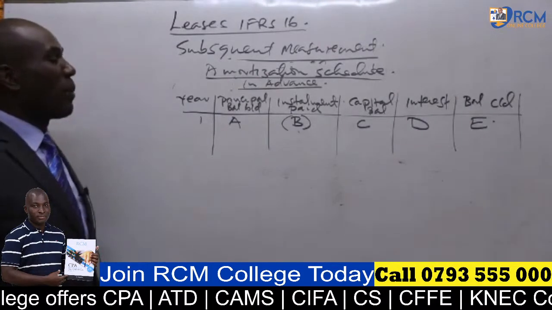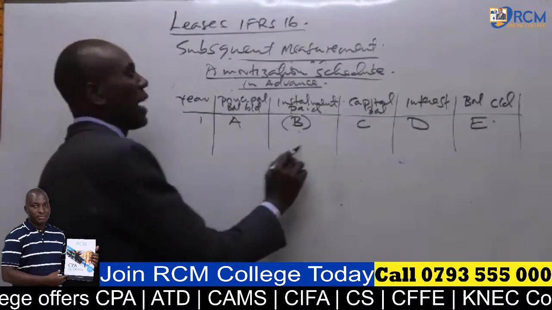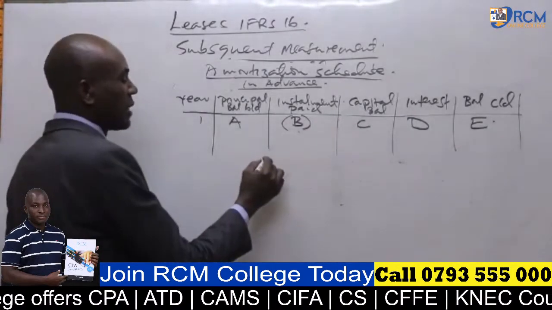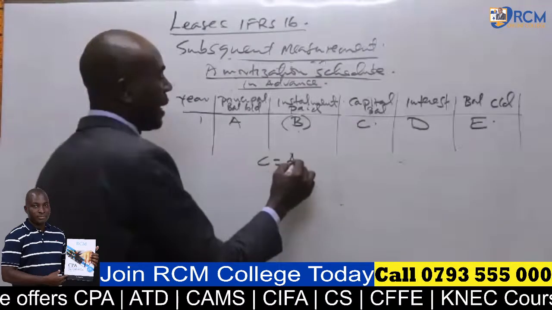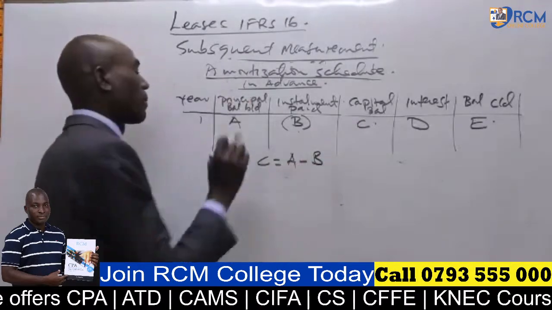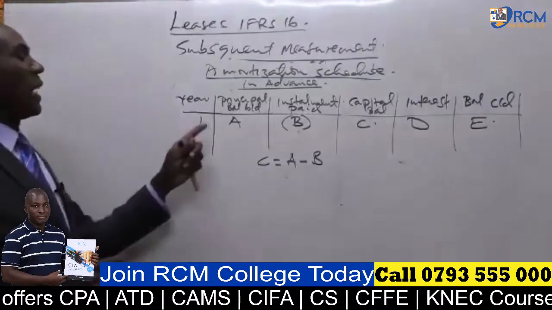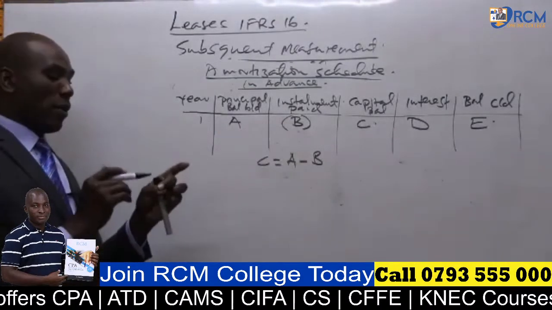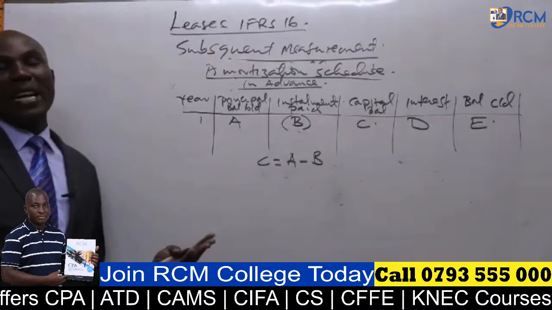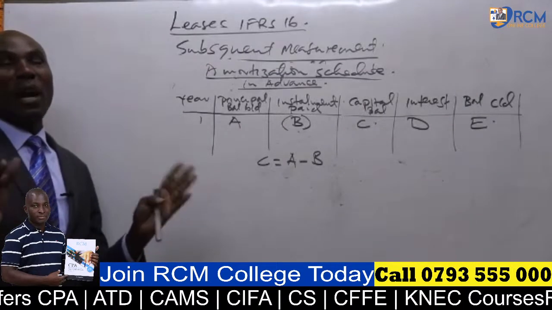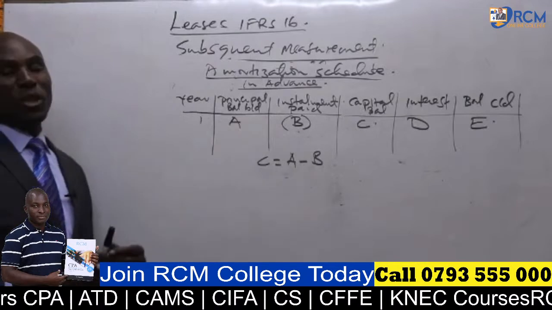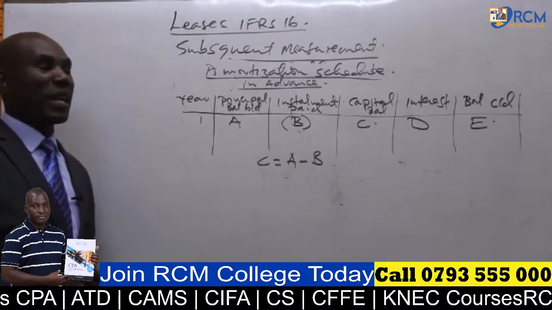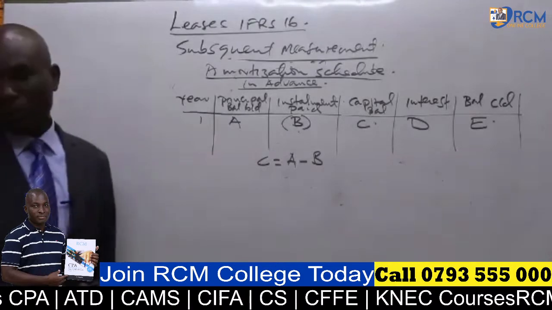Therefore, if I want to amortize, how am I going to get these values? I will say C, this capital balance, equals A minus B. A is the installment. For example, the value of the asset is 200, then out of that I'm paying 1 million. That is the installment, money I'm paying out as lease rentals.